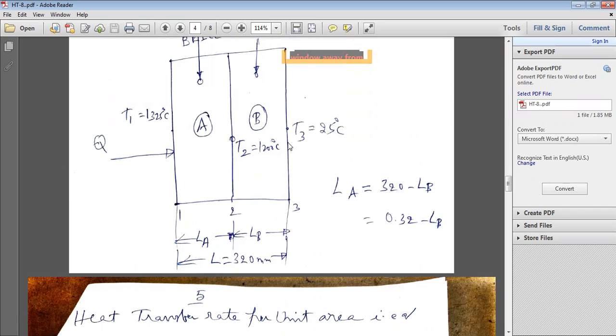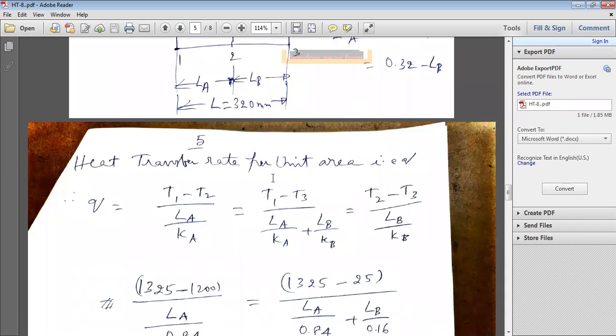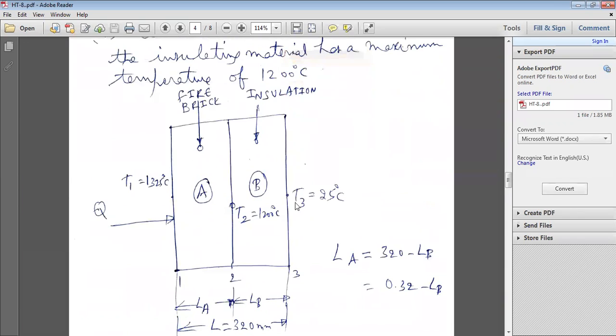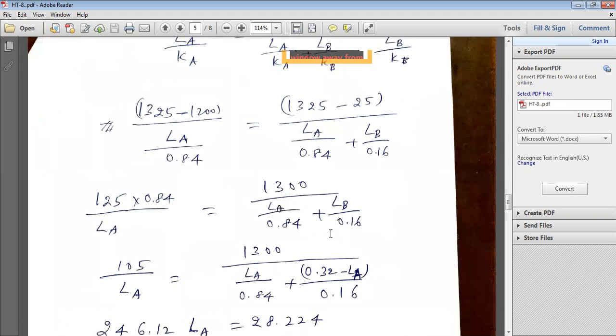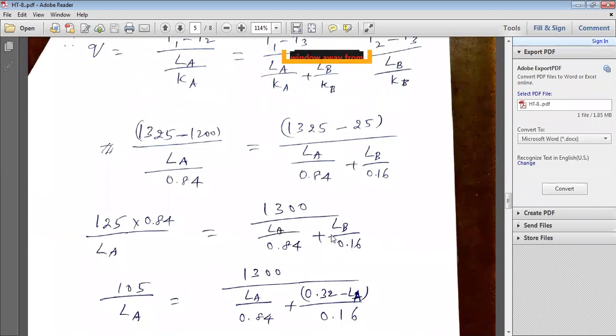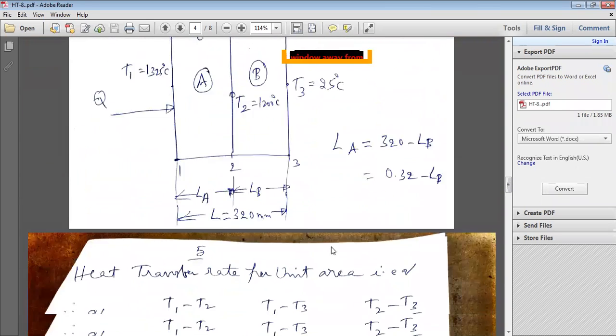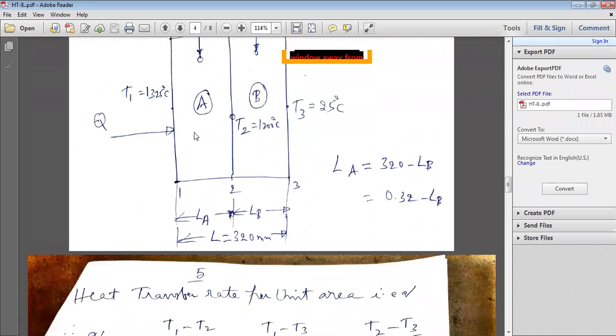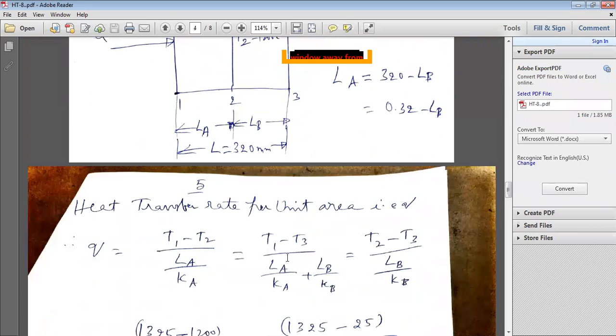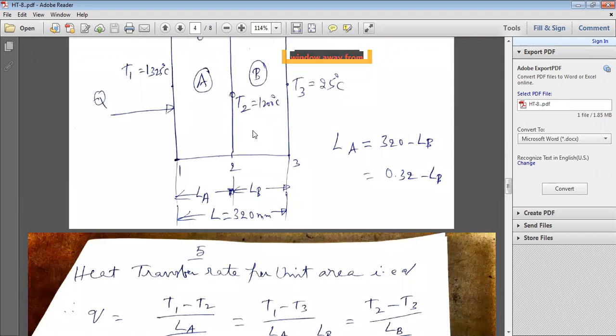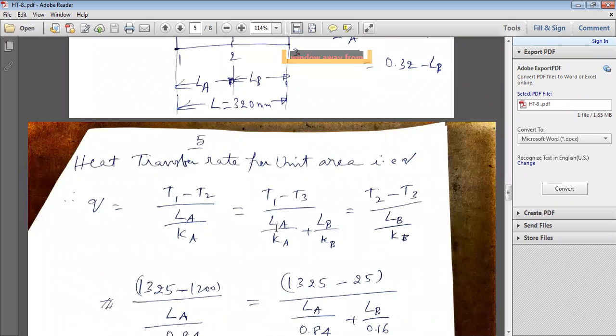That is equal to the overall heat transfer rate q, which equals the overall temperature drop from T1 to T3, T1 minus T3, divided by thermal R1 plus R2. The resistance offered by material A plus the resistance offered by material B: LA by KA plus LB by KB.